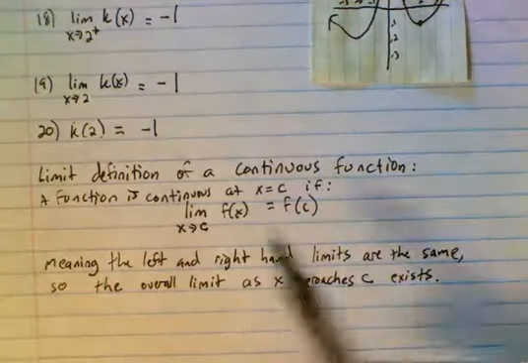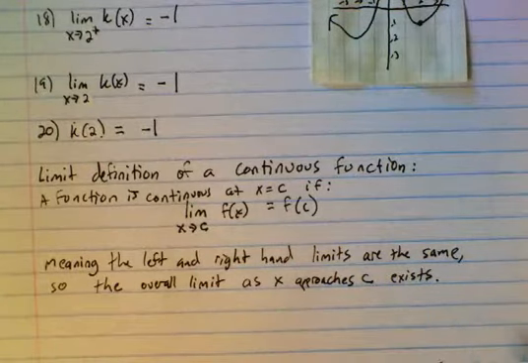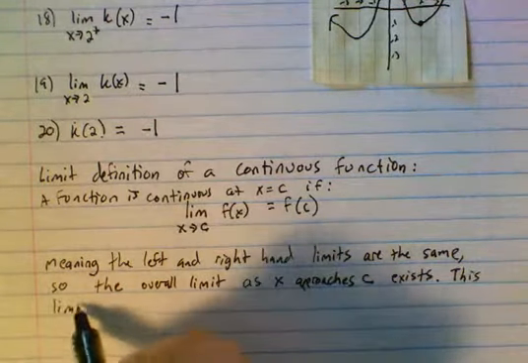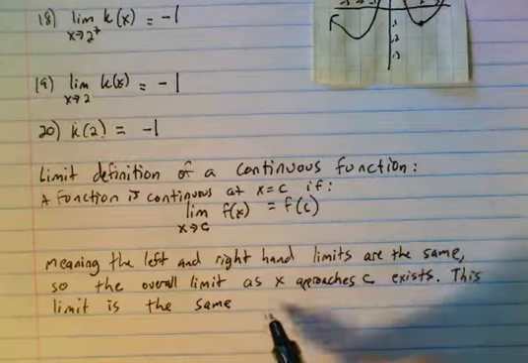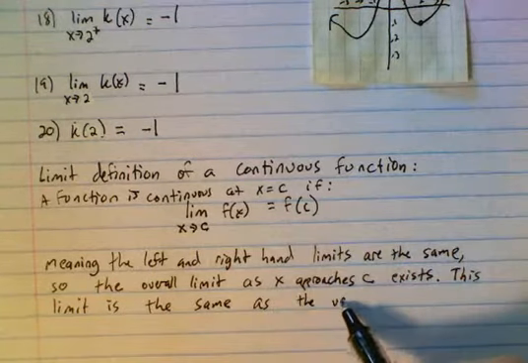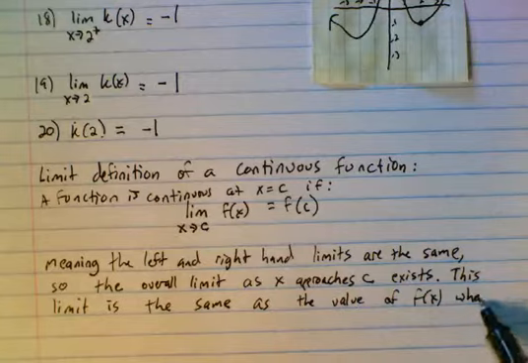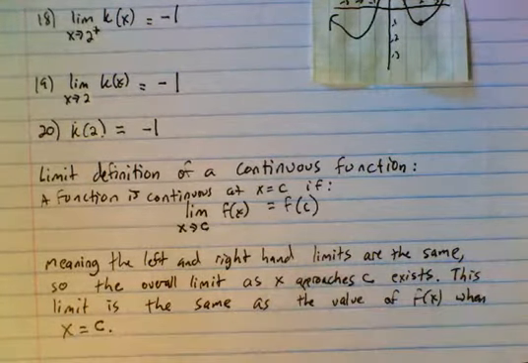The limit as x approaches c of f of x equals f of c. So the left and right hand limits are the same. The overall limit as x approaches c exists. And this limit is the same as the value of f of x when x equals c.